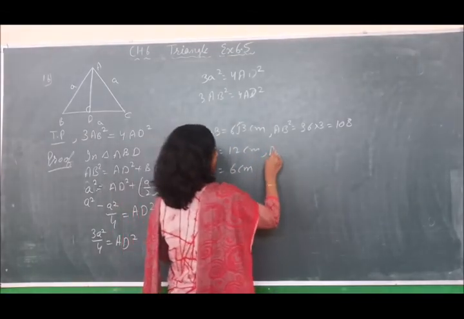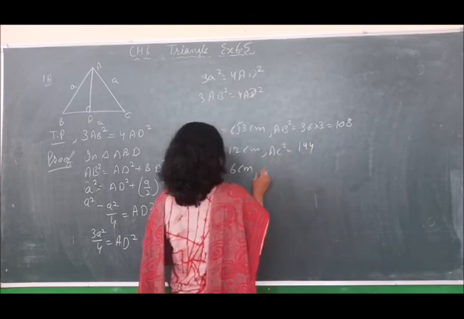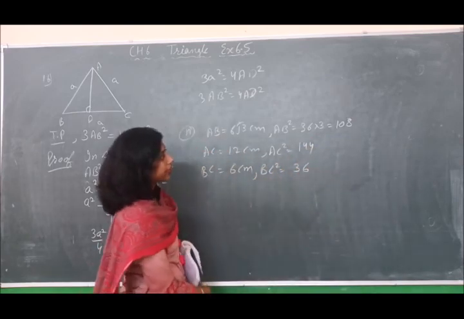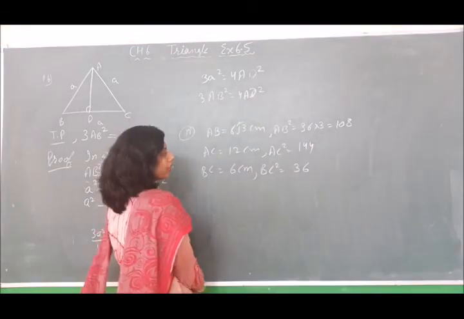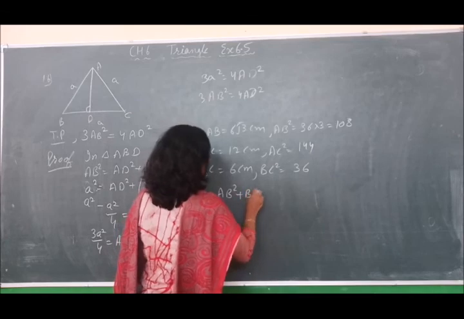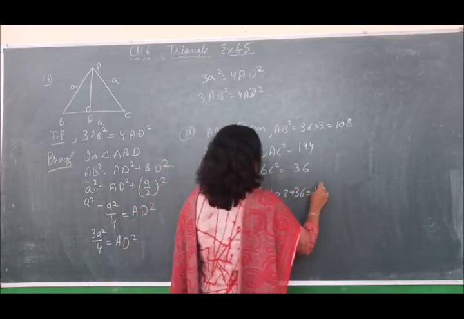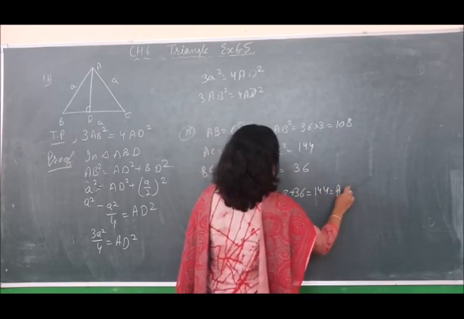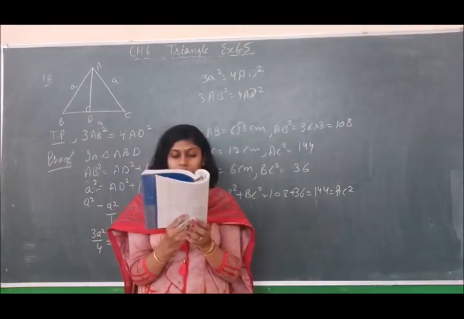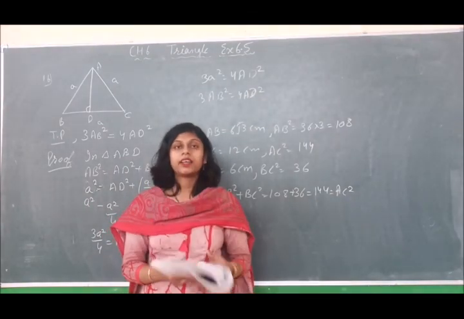AC square will be 12 square, 144. BC square is 6 square, 36. Now which two are the smaller sides? AB and BC. So add the smaller terms, AB square plus BC square, 108 plus 36. So we get 144, which is equals to AC square. That is your option C, 90.